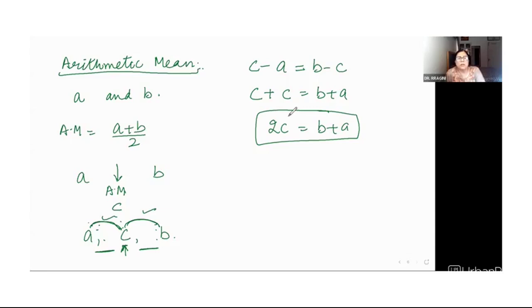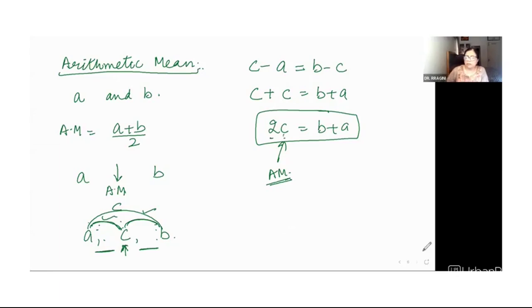When three numbers are in AP, twice the middle value equals the sum of the extreme values. This is the relationship between these three numbers where C is the arithmetic mean. This was the case when we had only two numbers.